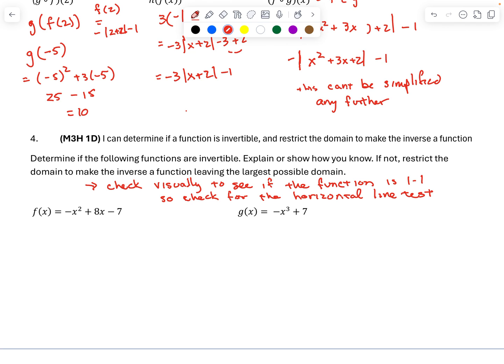Okay, so if you graph this, this thing fails the horizontal line test. We need to restrict the domain to just half of the parabola. We've already talked about this a little bit, but we want just half a sideways parabola when we take the inverse. So let me write this down.